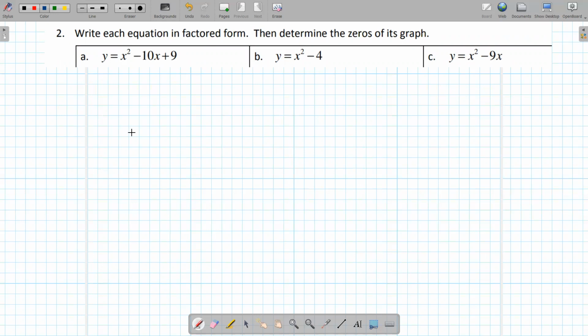Do you have to do the man thing? Yeah. So we're looking for two numbers. What do they multiply to? What do they add up to? They multiply to 9. Yeah. And add up to -10. All right. So what are the numbers?